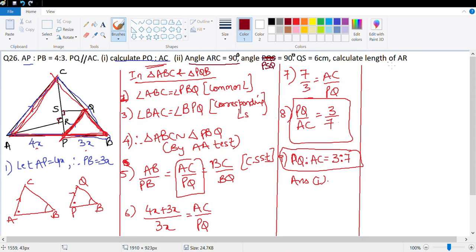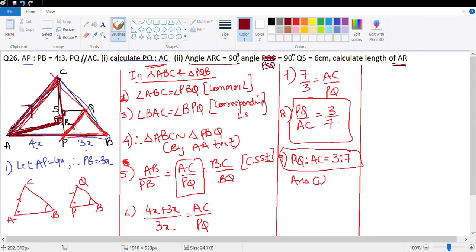Okay, so calculate the length of AR. What we are looking at is AR, which is this. So I need to figure out which triangle I should look at. This is the line that I need to figure out, and this 90 and this 90 is given, which means I will have to look at triangles to prove them similar. Since this line and this line are given parallel, I should be looking at ARC, this triangle where one angle is 90 and is parallel.